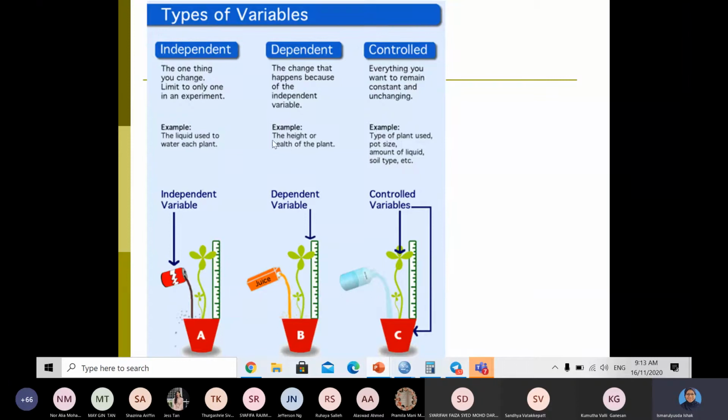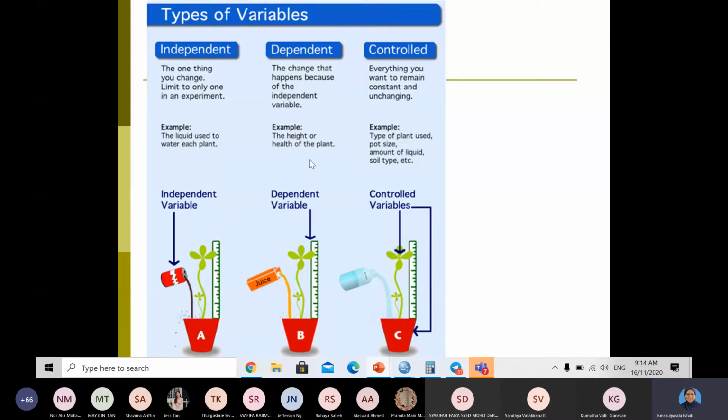An example of dependent is the height or health of the plants. The independent is the liquid used to water each plant. While control is everything you want to remain constant and unchanging: types of plant used, pot size, amount of liquid, soil type. These are the control variables.